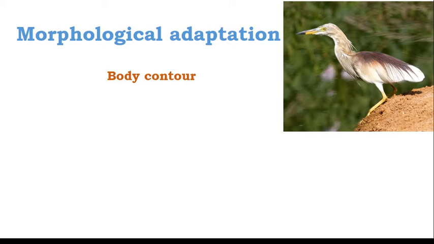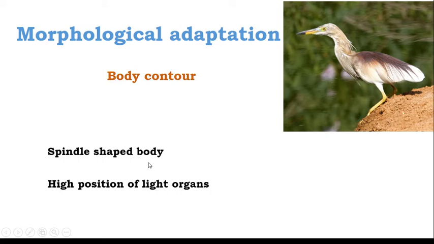First we study the body contour, that means the body of the bird. The body of the bird is spindle shaped, and the whole body has a high position of light organs. The body is divided into head, neck, trunk or body region, and the tail region.